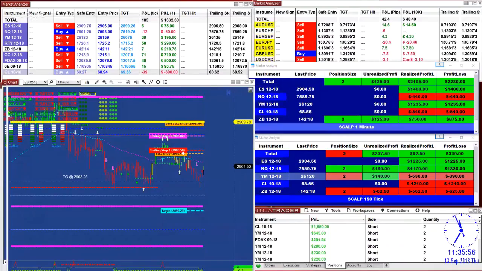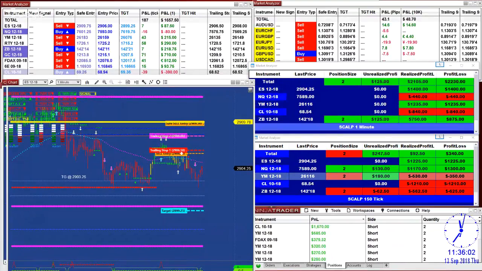Looks like it's moving a little bit. So I'll stay quiet a little bit and see if we can get anything out of that trade. I really would love to share one more signal before we call it off for today. The time is 11:36.